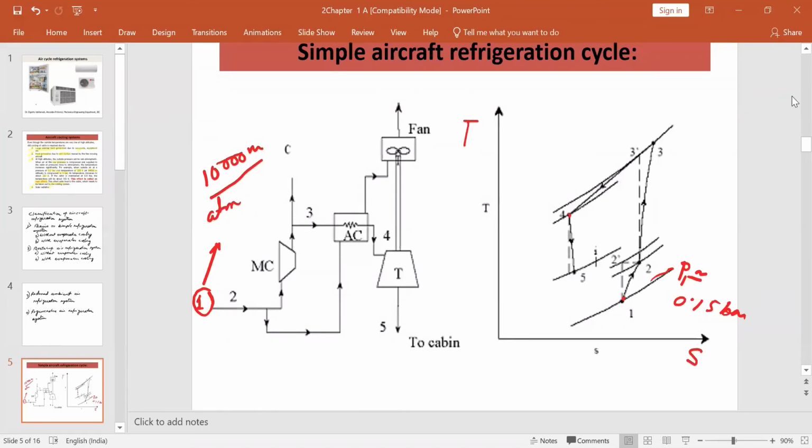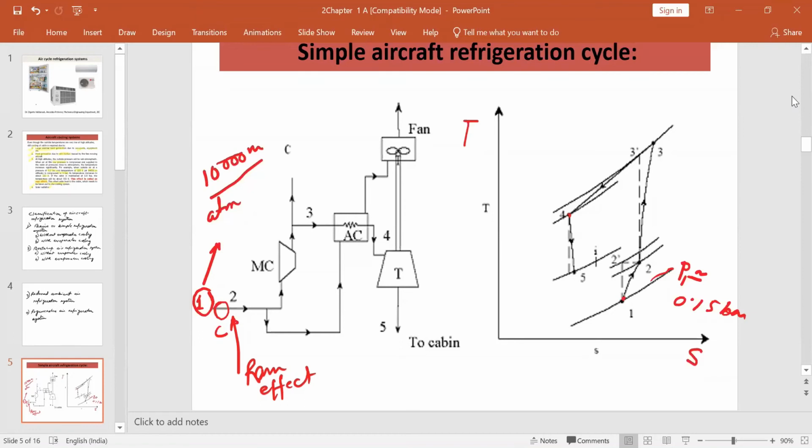So it passes through the compressor, first one here. Here there is a compressor. Here air is compressed, and the temperature increases up to this point, and also the pressure. This effect, as we have already explained, is called the ram effect. The ram effect is from 1 to 2'.